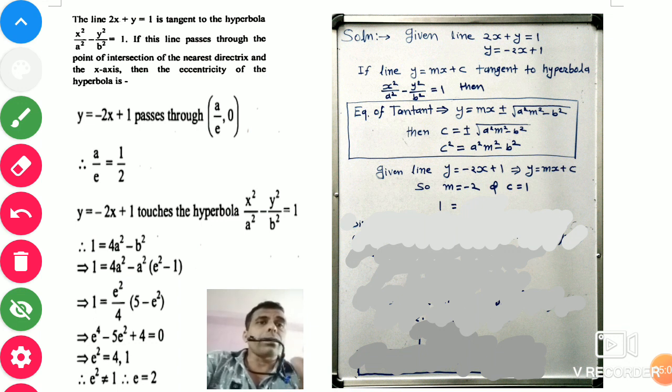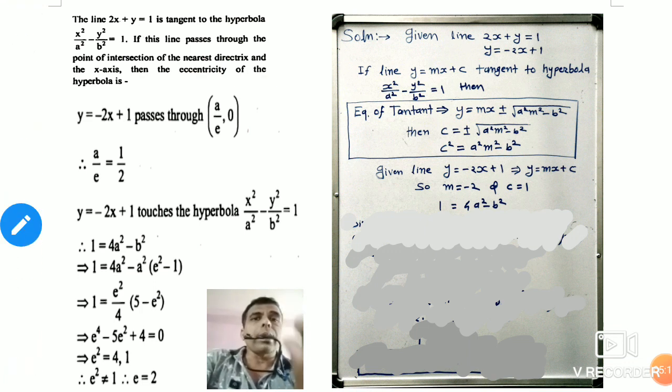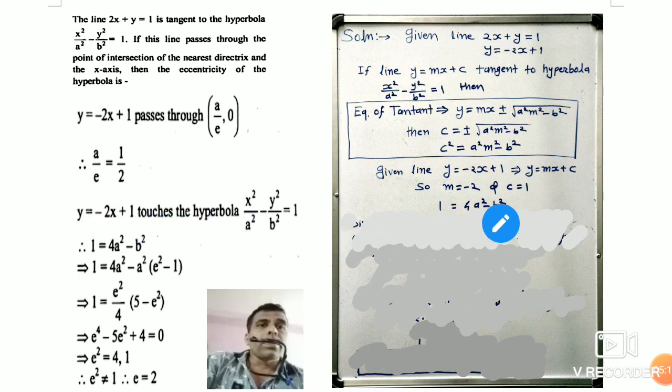So we can get the formula 1 is equal to 4a square minus b square. How do you get that? We found m is equal to minus 2 and c is equal to 1. So c square is equal to 1, and m square is equal to 4.